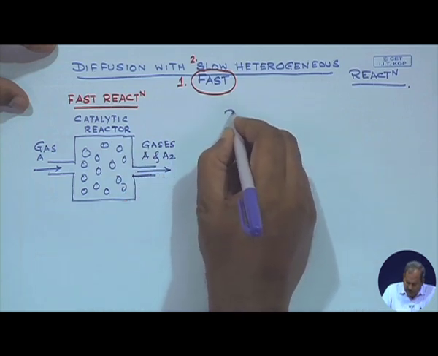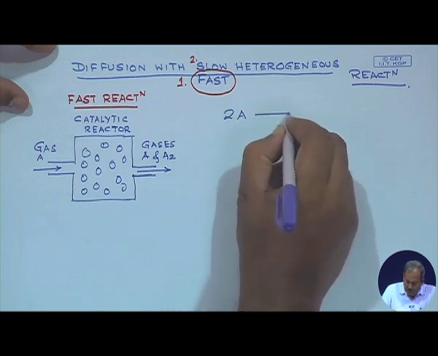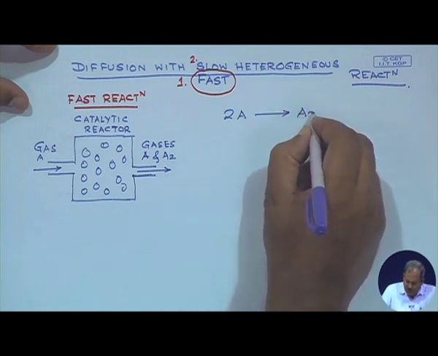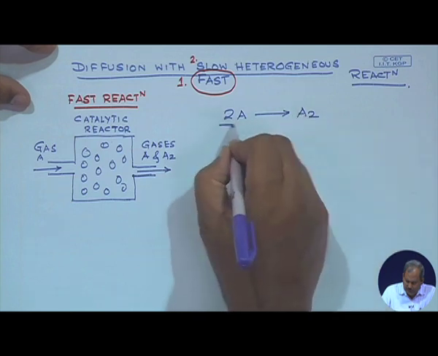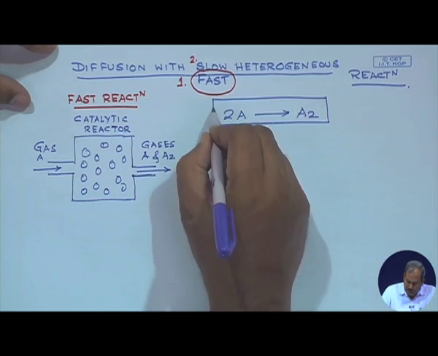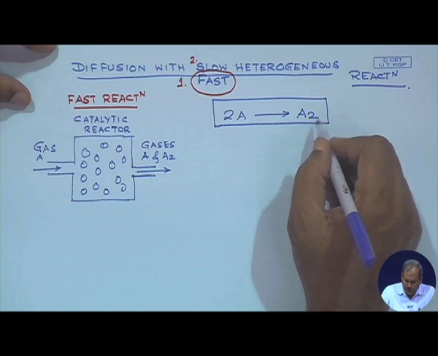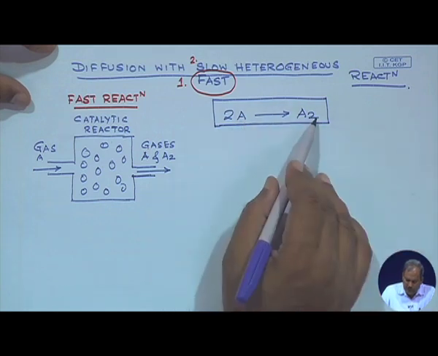The reaction that takes place is two molecules of A reacting on the catalyst surface to produce one molecule of A2. So, this is the reactant, this is the product.